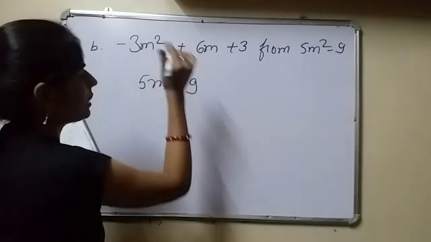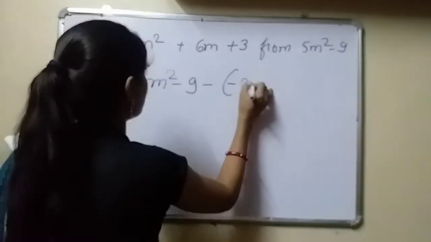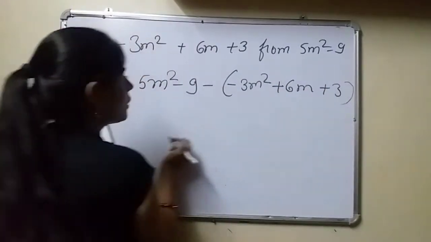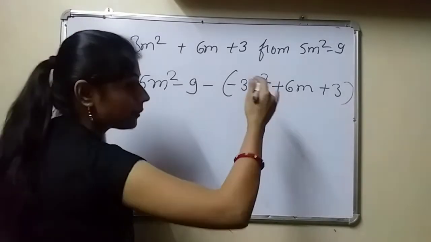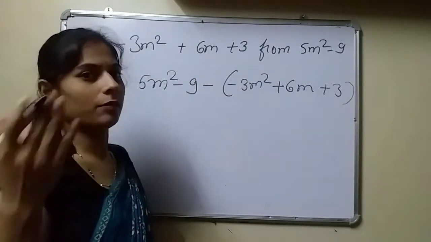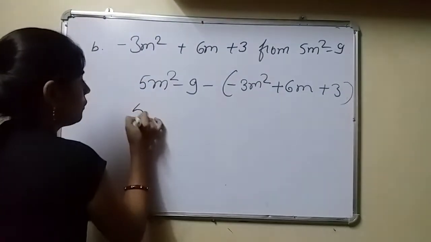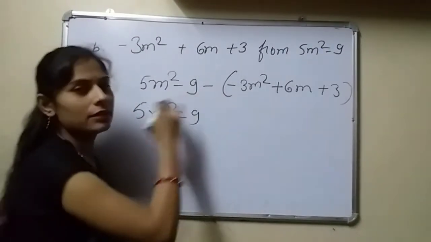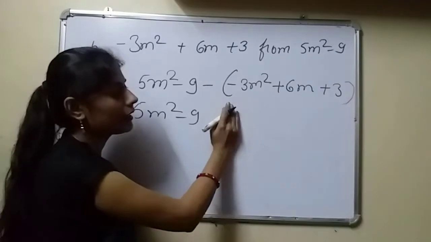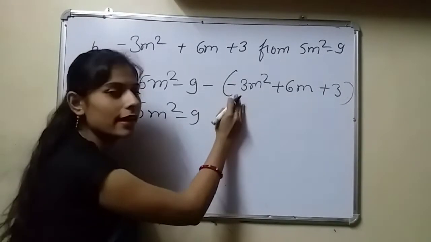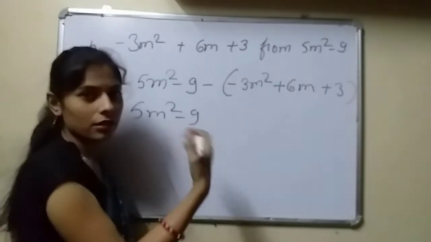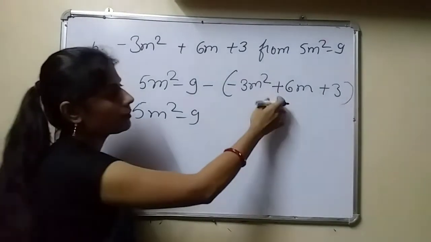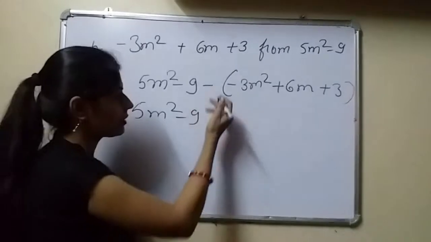From this you have to subtract this number: minus 3m square plus 6m plus 3. When you open the bracket, the plus sign will become minus, the minus sign will become plus. If there is a minus in front of the bracket and any sign is given inside, you have to change the signs. If it is minus, you have to write plus.